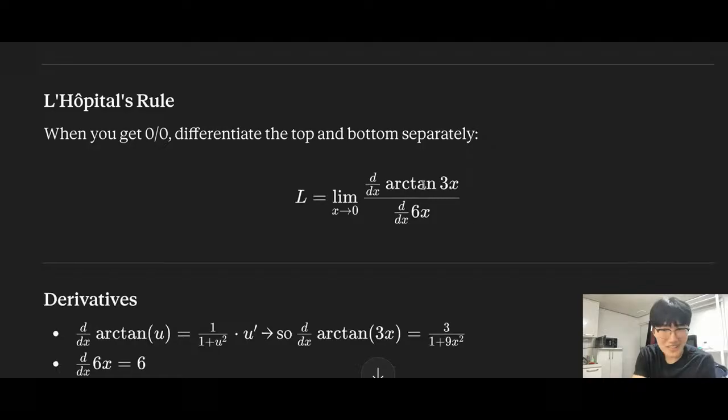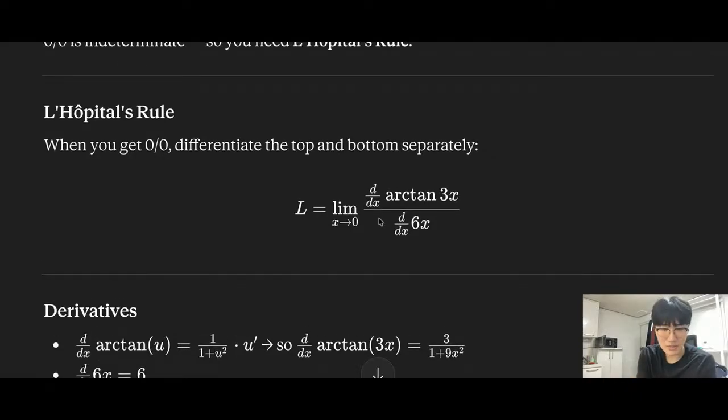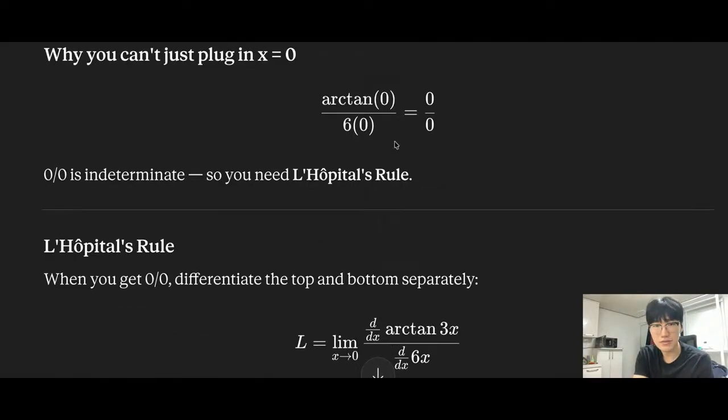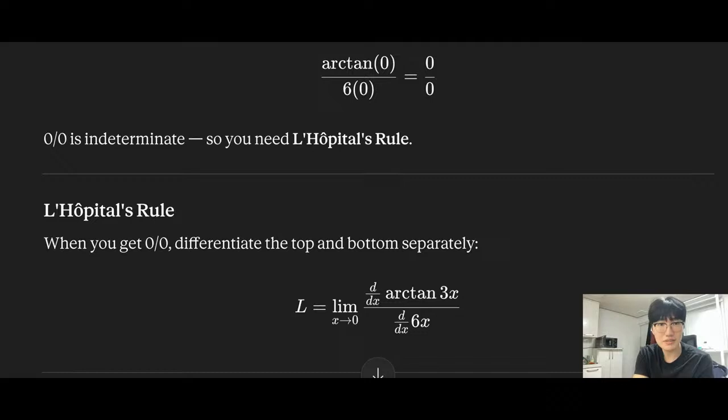So what are we doing again? Getting the derivative of arctangent 3x. This was the original question, and we got the derivative, which is 3 over 1 plus 9x to the power of 2, and 6.